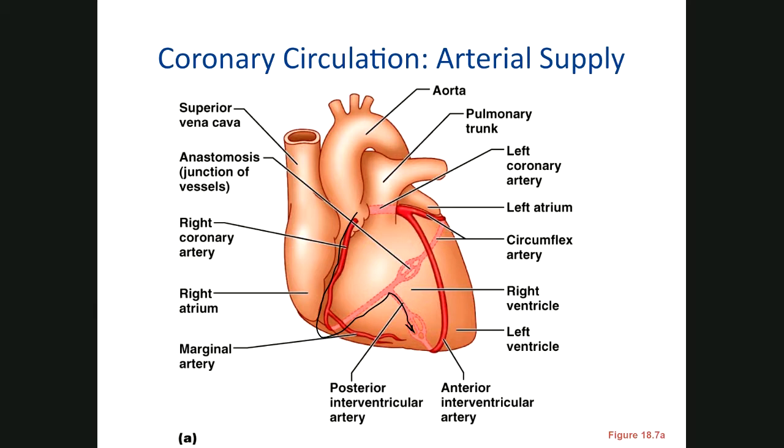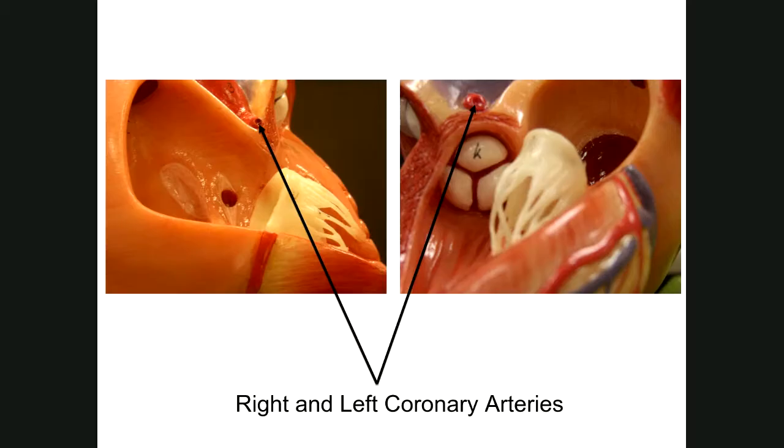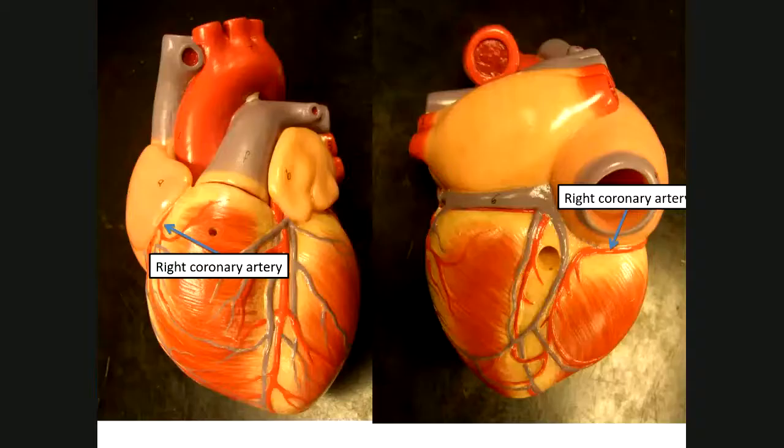It's here on the edge of the heart, a branch comes off right here. So what we're going to see is this artery goes all the way around, this artery that goes down the back side, and then this branch that comes off right here.